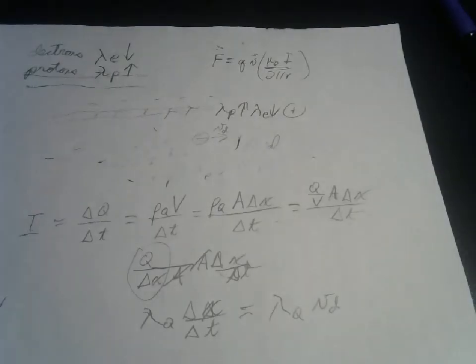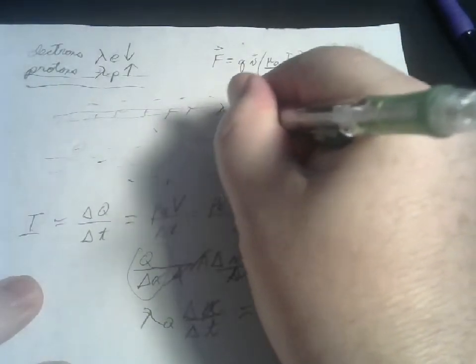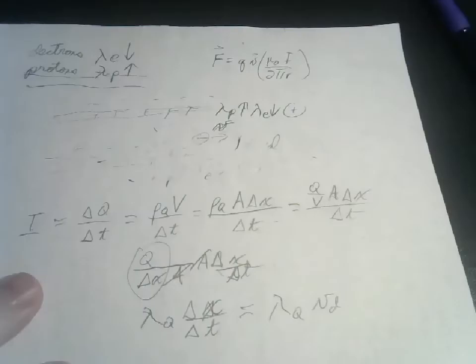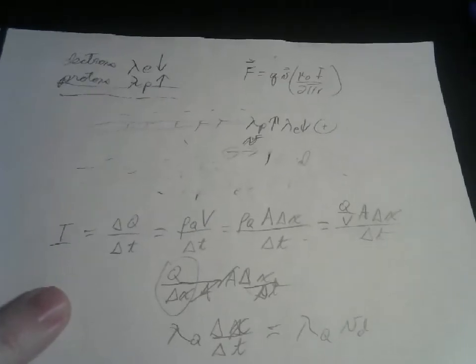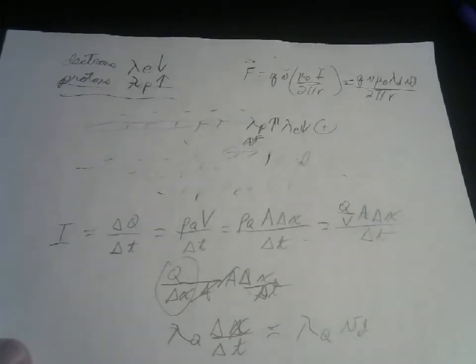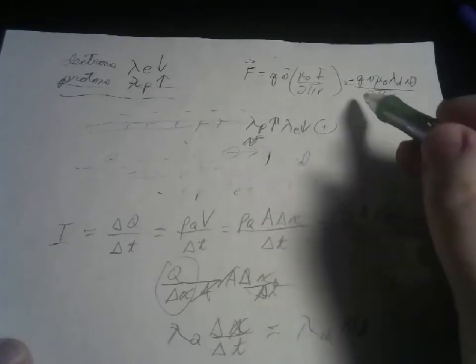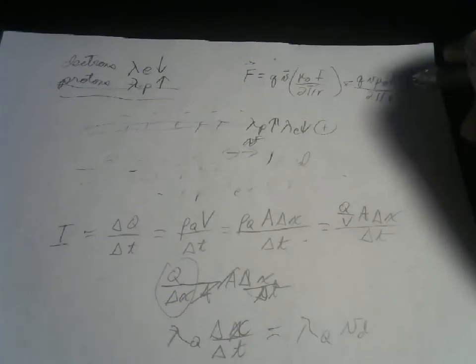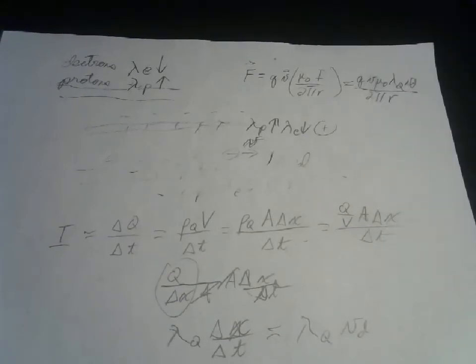Also, this v is no longer the drift velocity. v is going to be associated with the current, but not the drift velocity. Let's see what else I can do here. I can replace I with lambda sub q v sub d, and that goes up here. Or, I'm sorry, lambda sub q v sub d.